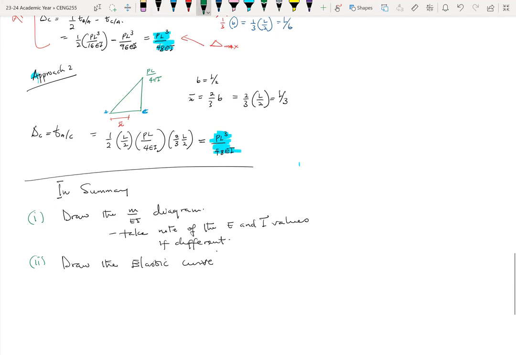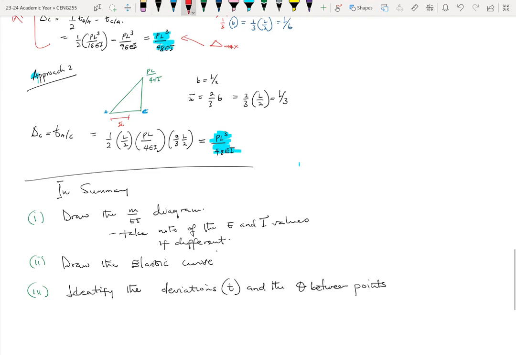Okay. And by doing that, we should be able to identify the deviations and the slopes between points. Okay.